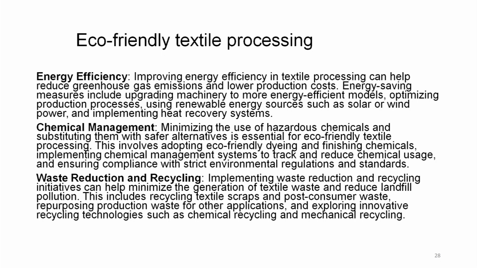Chemical management. Minimizing the use of hazardous chemicals and substituting them with safer alternatives is essential for eco-friendly textile processing. This involves adopting eco-friendly dyeing and finishing chemicals, implementing chemical management systems to track and reduce chemical usage, and ensuring compliance with strict environmental regulations and standards.